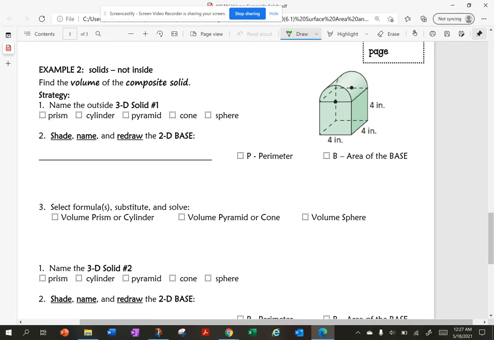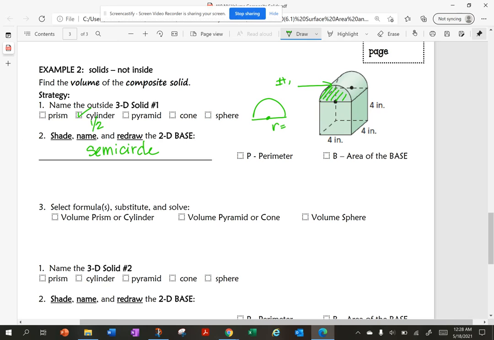Let's pick solid number 1 as the one on the top. What I see is this is a half of a cylinder. Here's my base. My base is a semicircle, a half of a circle.